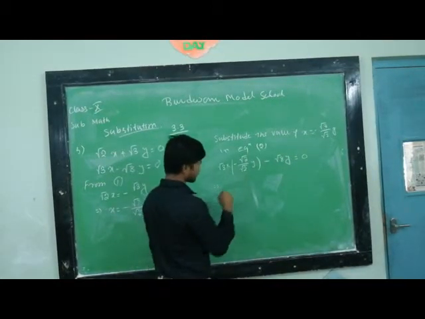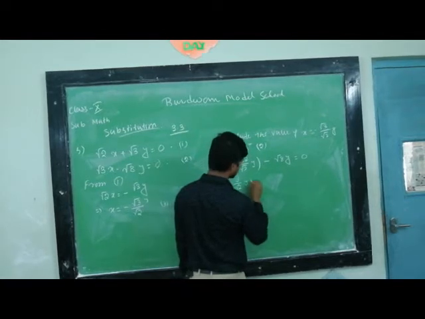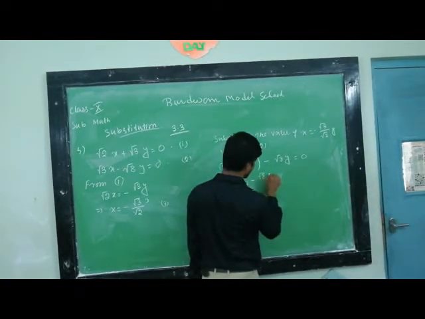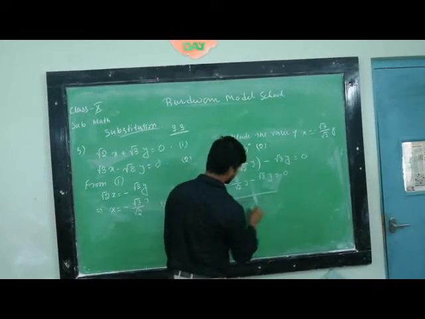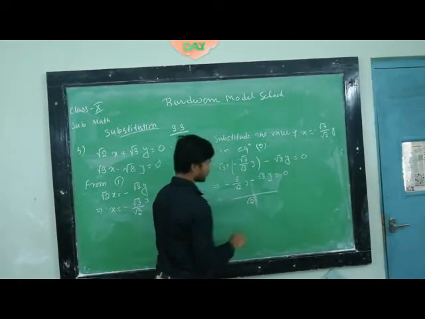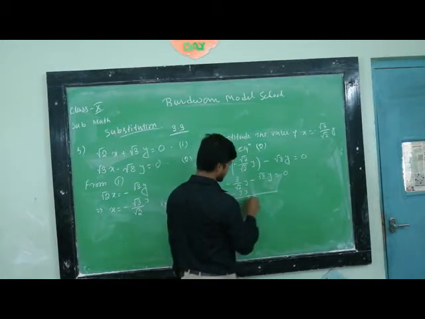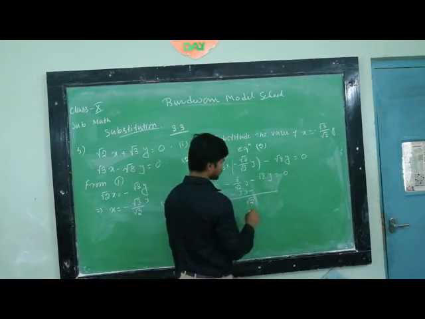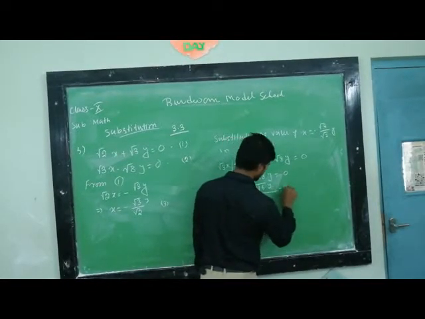That means if I do the calculation, it will be minus 3 by root 2 y minus root 8y, that is equal to 0. That means do the LCM. So LCM is root 2. So this is minus 3y minus root 16y, that is equal to 0.